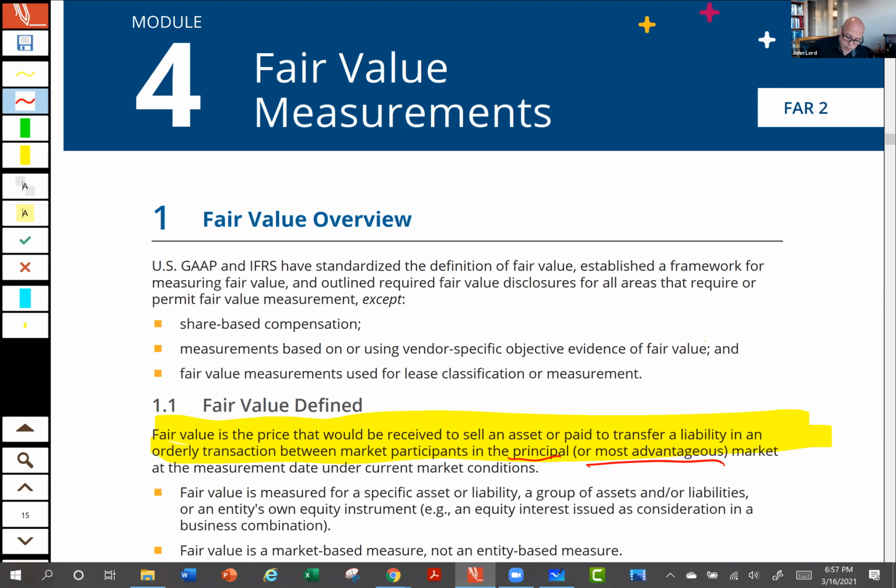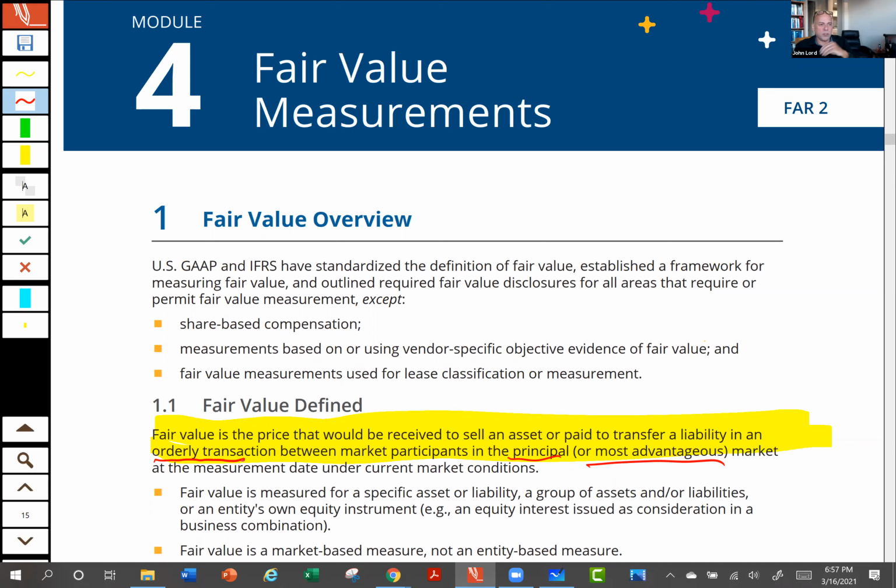Okay, notice here, guys, that they say an orderly transaction. What do we mean by orderly transaction? Housing crisis 2008. Which crisis? I'm having trouble keeping track of them these days, right? Housing crisis 2008.